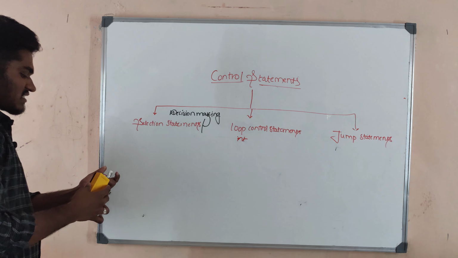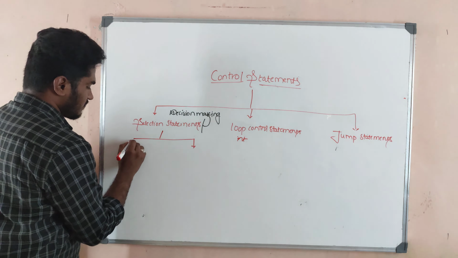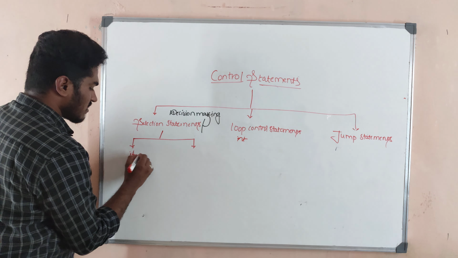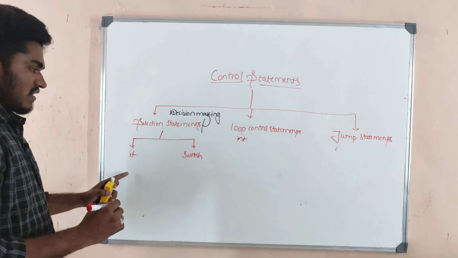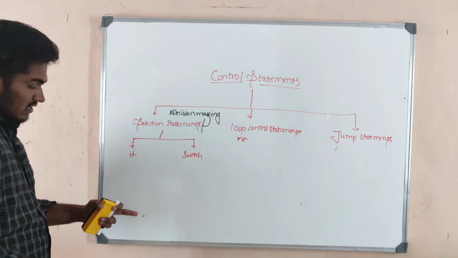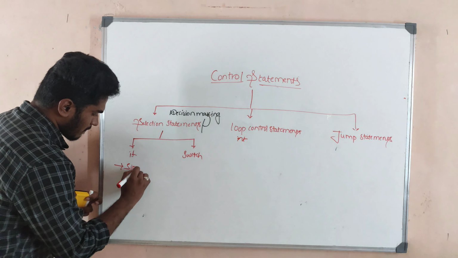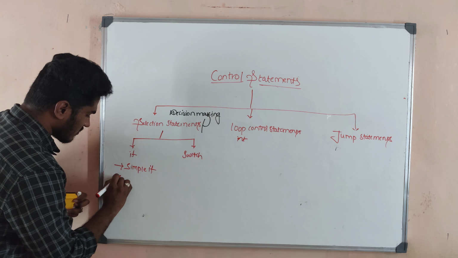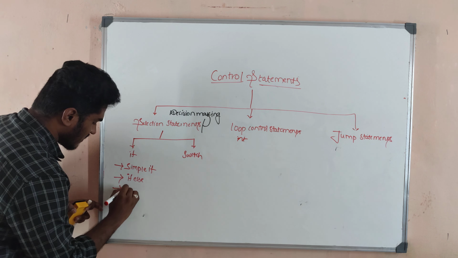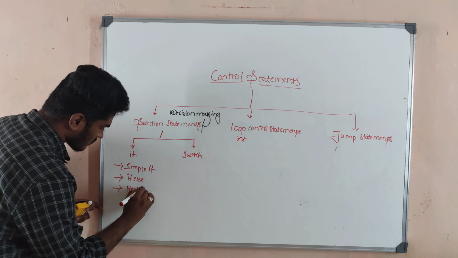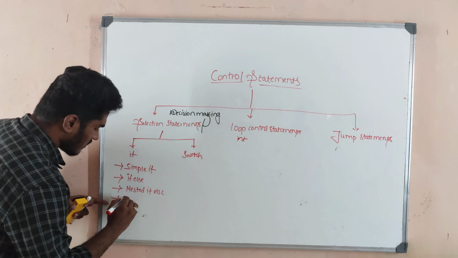These selection statements are again classified into two. They are if statements and then switch. In the same way, if is again divided into four: simple if, if else, nested if, nested if else, and else if.